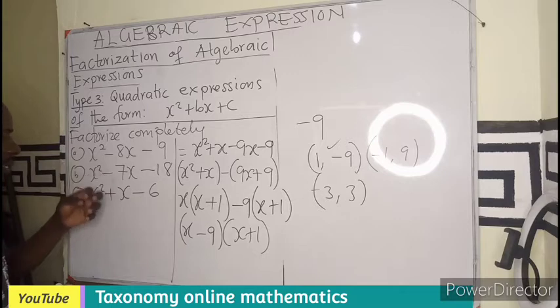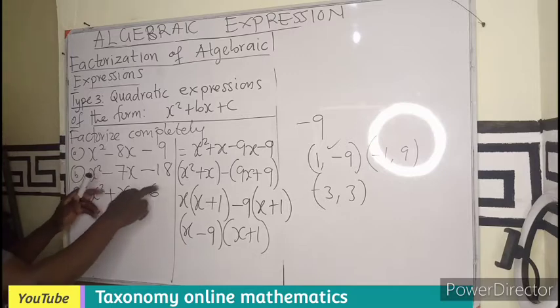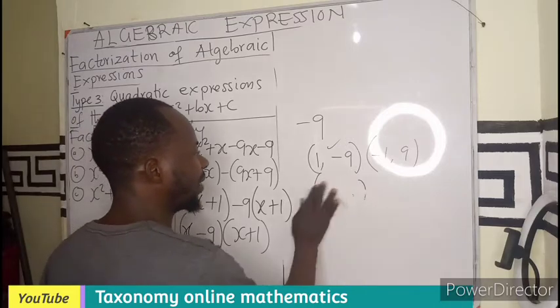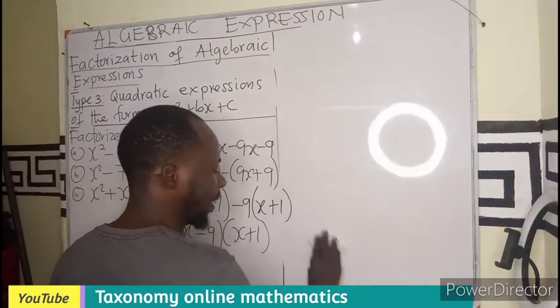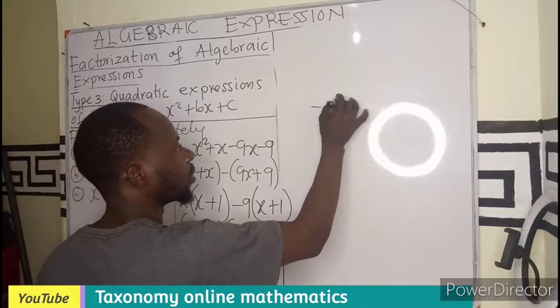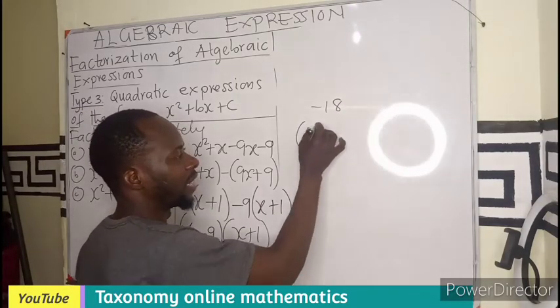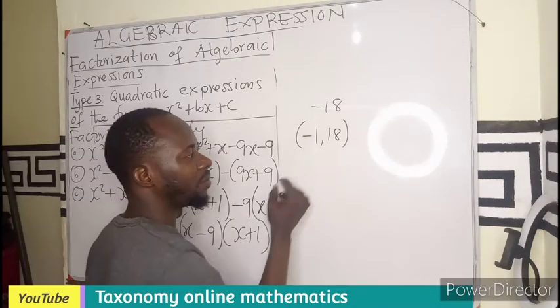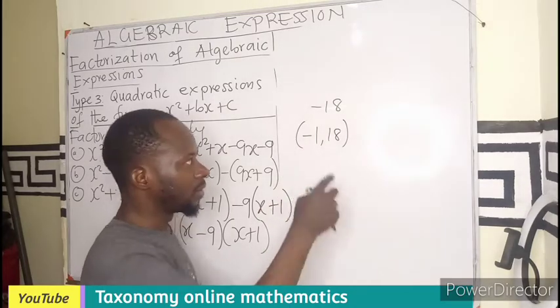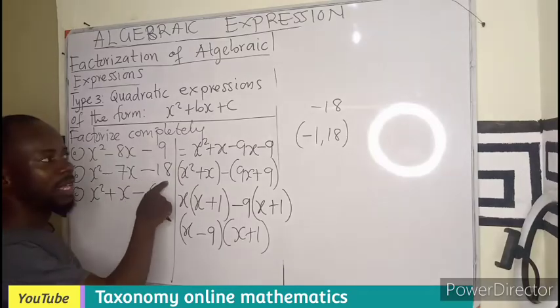So that will be it. I'll take the second one. Then the third one will be for you to practice. So we are going straight to factors of negative 18. Right away, common factors will be 1 and 18 itself and its counterpart, since it's negative here.